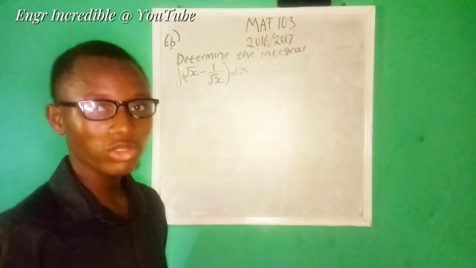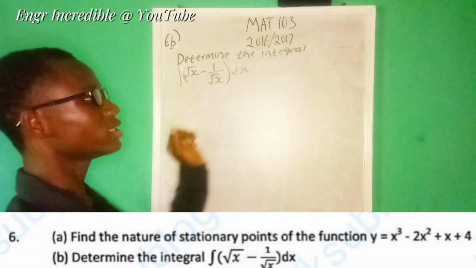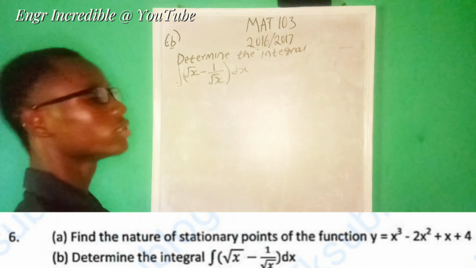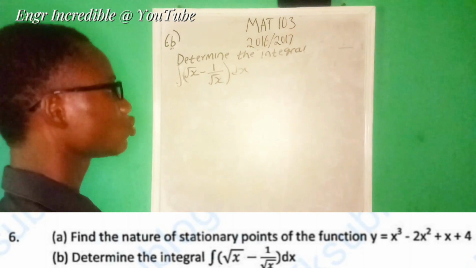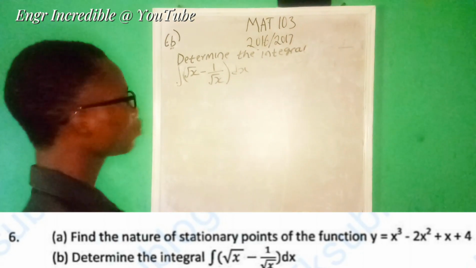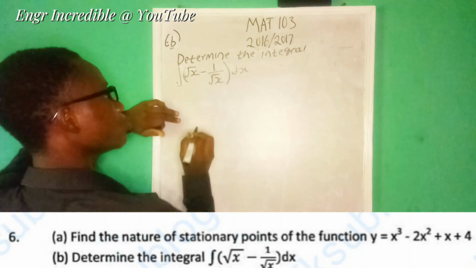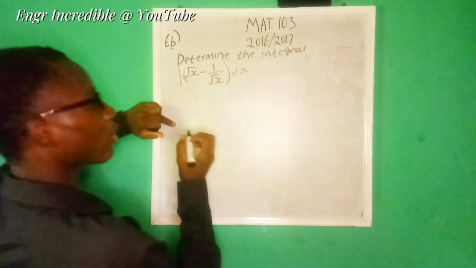So now question 6b says: determine the integral of square root of x minus 1 over square root of x dx. So how do we find this? First of all, I want to put this in some kind of fraction form. Square root of x is the same thing as x raised to power 1 over 2.